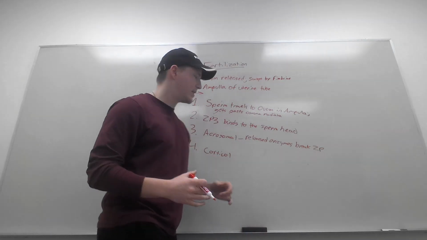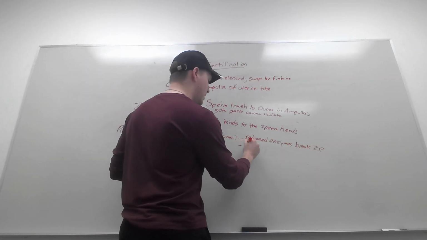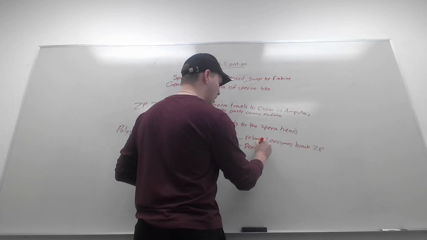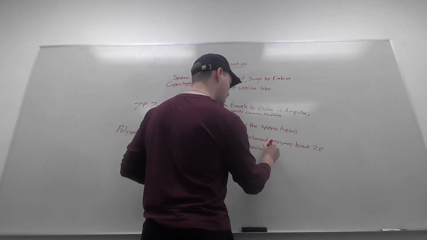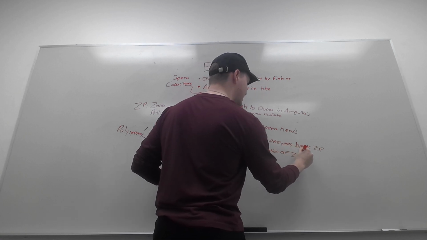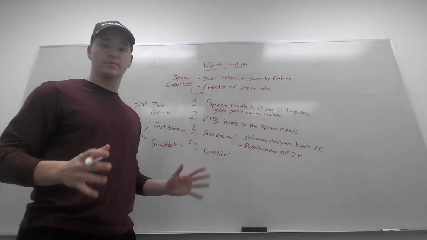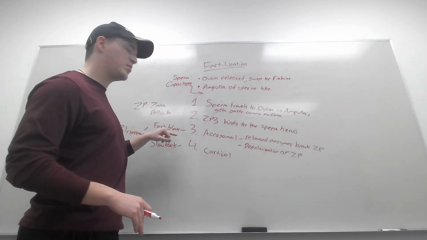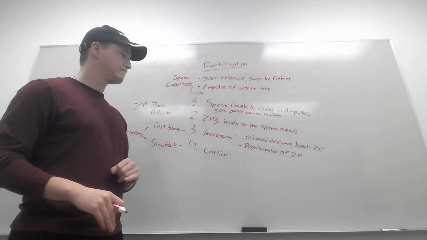This causes depolarization of the zona pellucida, and this is why it's the fast block. This depolarization prevents any other sperm from getting inside. That's the fast block, and it happens within about 0.1 second.